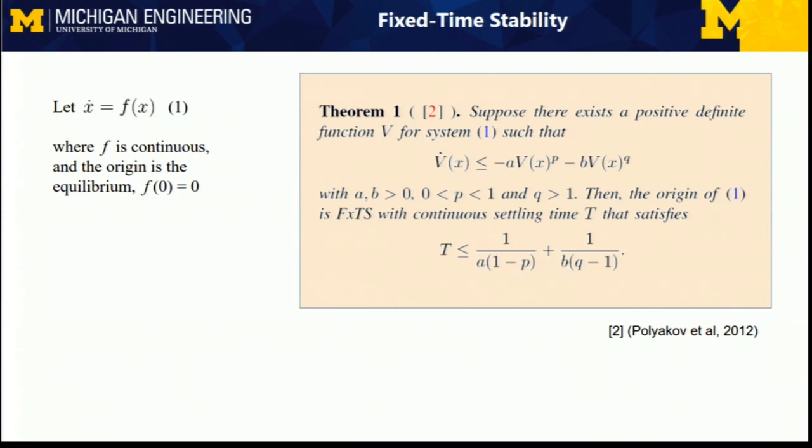It is proved that the origin of the system is fixed time stable, and the settling time function satisfies this bound. So the time to converge t is upper bounded by this quantity, whose parameters depend on the system, on whether you can find this Lyapunov function, and do not depend on the initial condition.